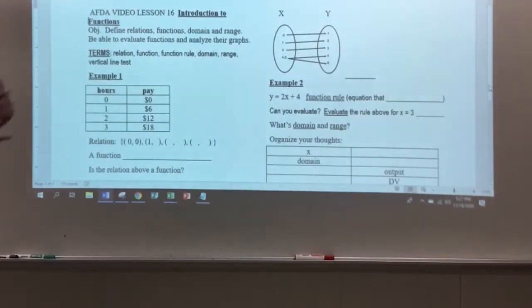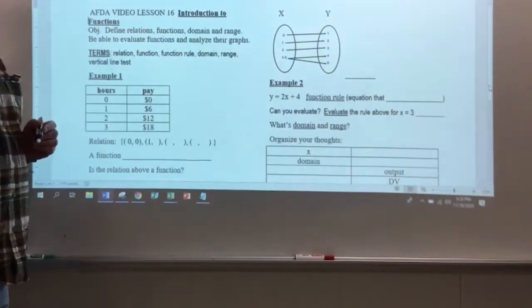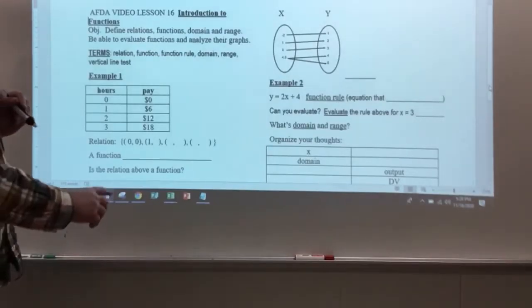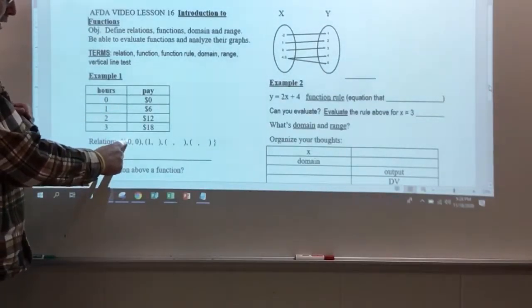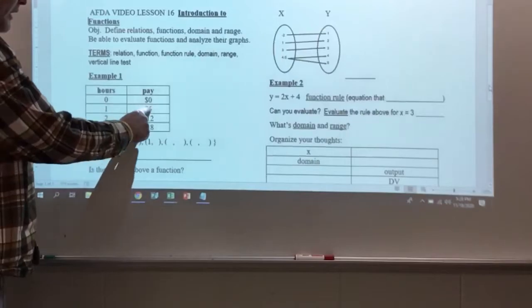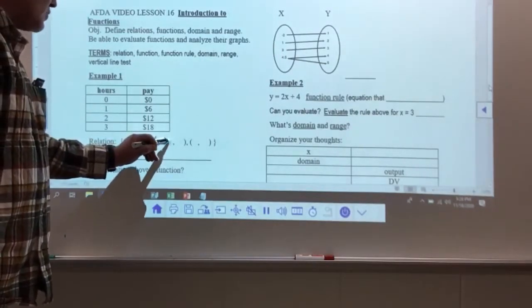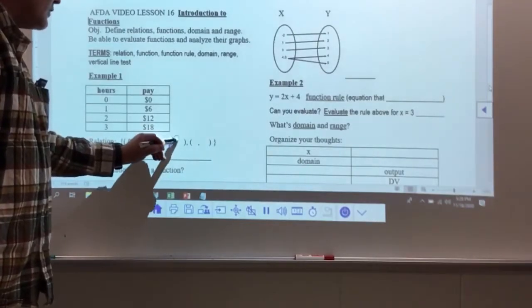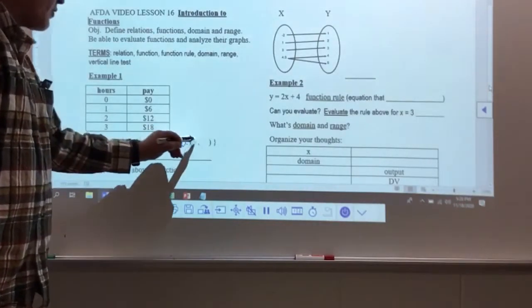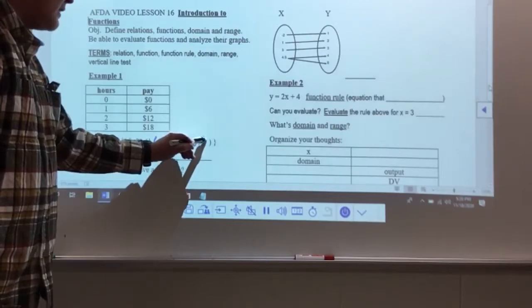If you remember back when we had tables of values before we were doing some graphing, we would organize those as ordered pairs. So let's look at this table of values. You could order this as 0, 0, 1, 6, 2, 12, and 3, 18.